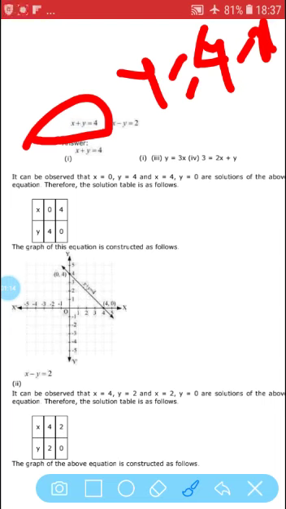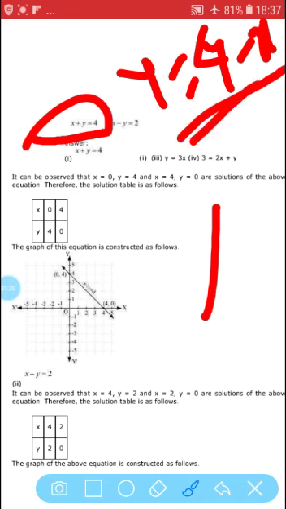After that, we will draw a table and substitute the values of x and y. If you have confusion, do some rough work, but this one is easy. You can calculate directly. If x is equal to 0, y is 4.